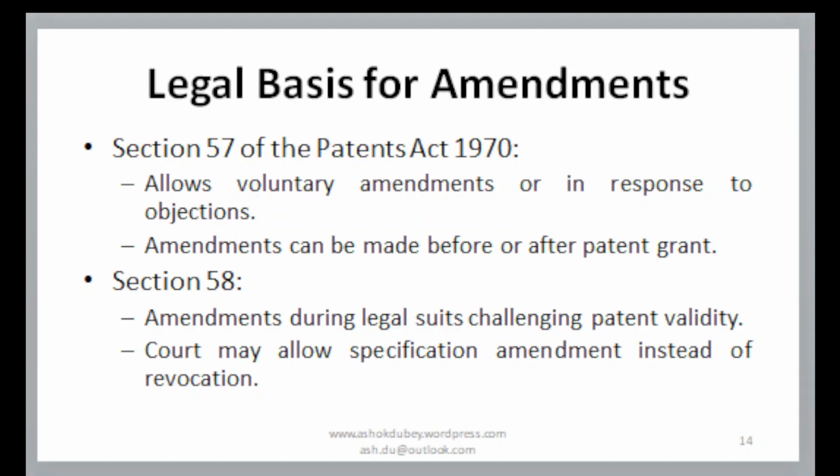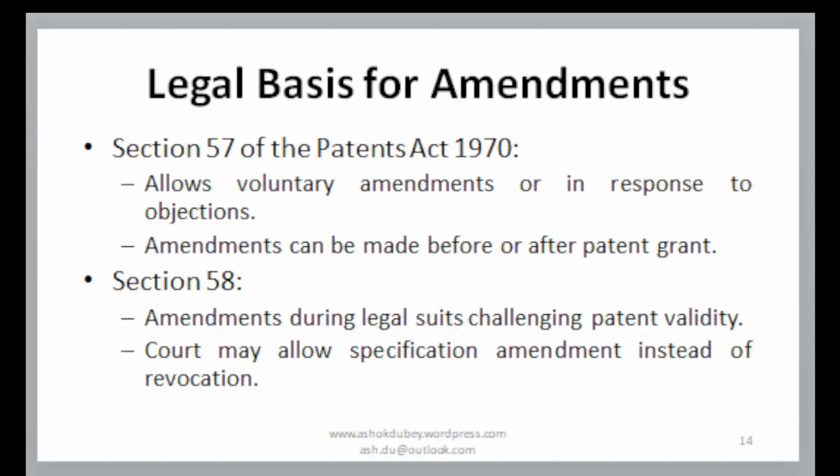If you see the amendment of claim in comparison, then let us understand Section 57, which we saw in the previous slides, which allows amendment to be made to a patent application or a complete specification with the approval of the controller. The court ruled that the amendments were permissible as they did not introduce new matter and were intended to clarify and narrow the scope of the claims rather than expanding them.